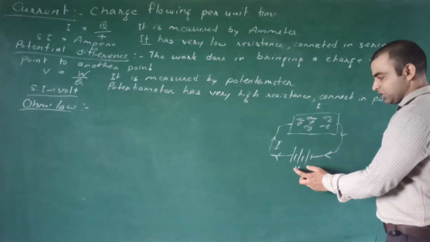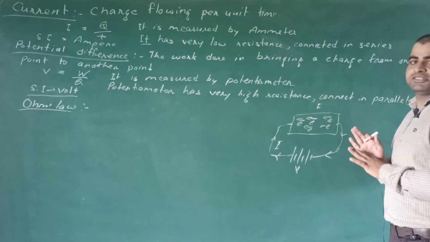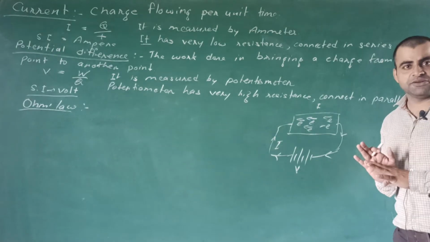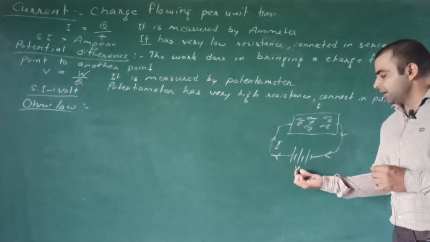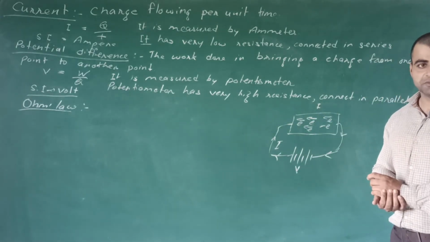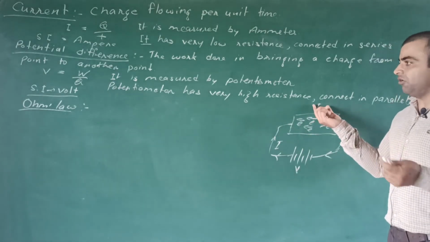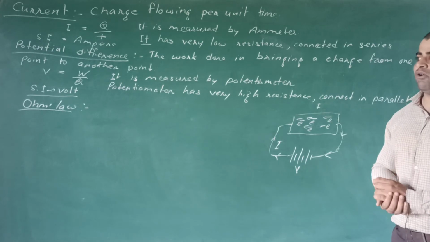When we apply potential, the number of electrons flowing increases. So it shows that potential is directly proportional to the current flowing. If we increase the potential, the current will also increase, and this is Ohm's law.